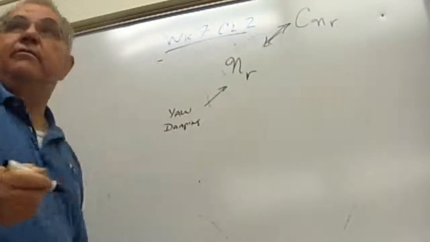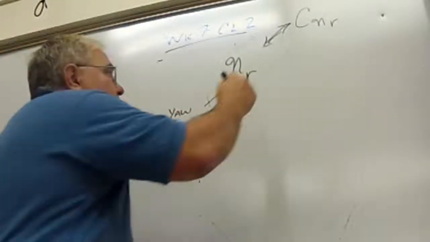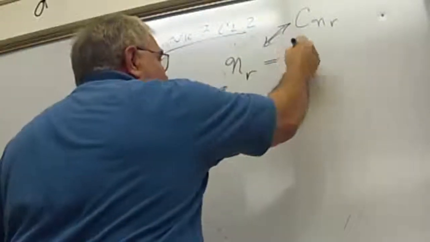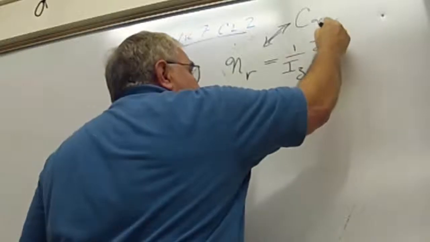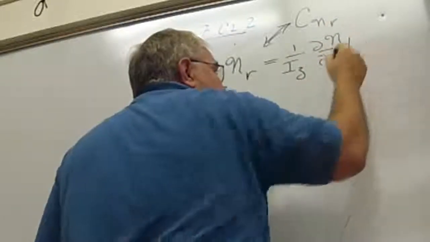It's negative because of the physical thing that I just showed you. It equals, and this is where your memory has to come in, 1 over IZ, you're normalizing by IZ, partial N over partial R, evaluated at the equilibrium condition.